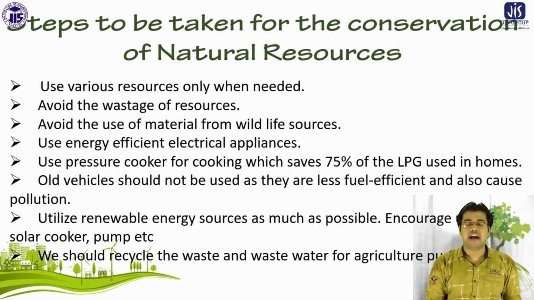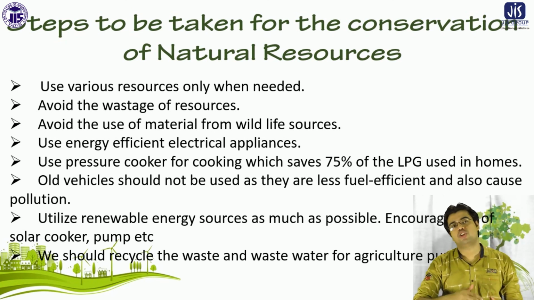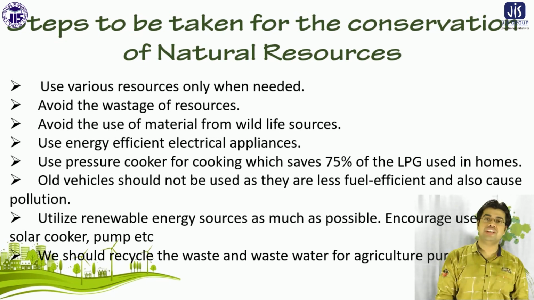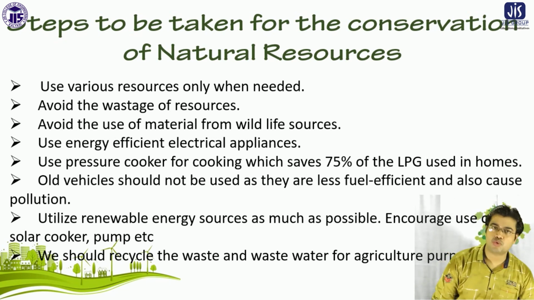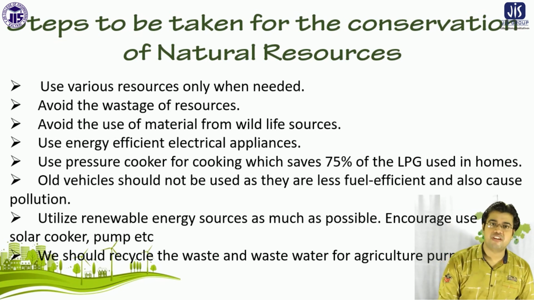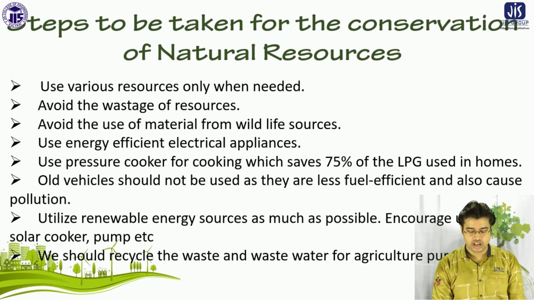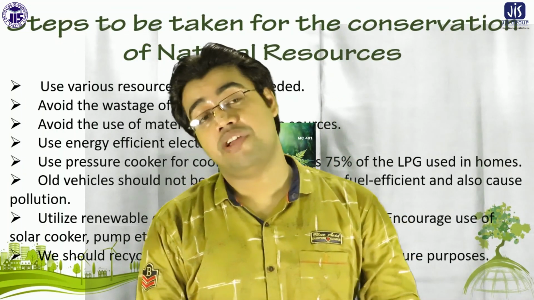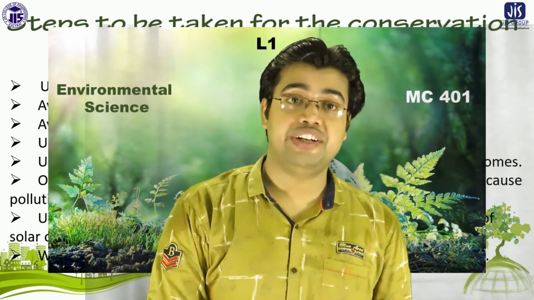And now I'm summarizing the overall topic we discussed till now. First we discussed the different kinds of natural resources, starting from forest resources, water resources, mineral resources, and food resources. Then we discussed the energy resources: solar energy, wind energy, hydropower energy, geothermal energy, and non-renewable sources of energy like oil, natural gas, coal, nuclear energy.